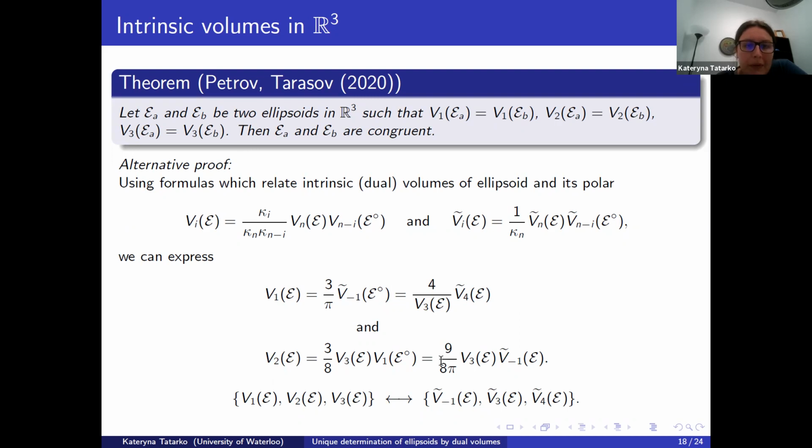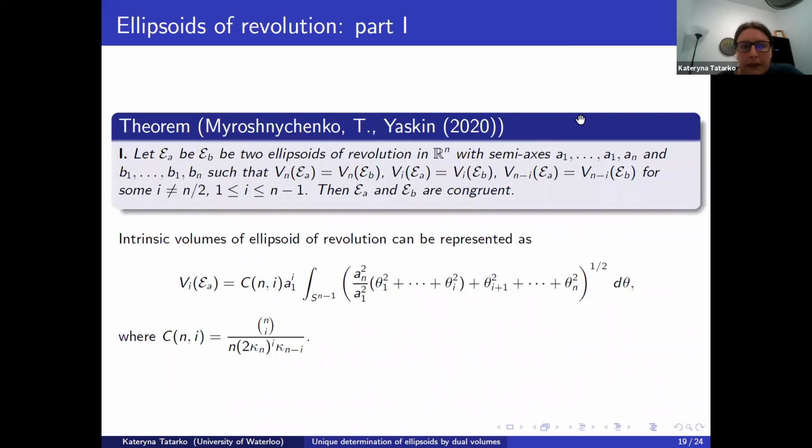So we were not able to get the answer to the entire conjecture. But by using the dual result, we were able to make slight progress towards the classical conjecture that concerns ellipsoids of revolution. So if we consider ellipsoids of revolution and consider the question for the classical intrinsic volumes, then we can obtain some partial results.